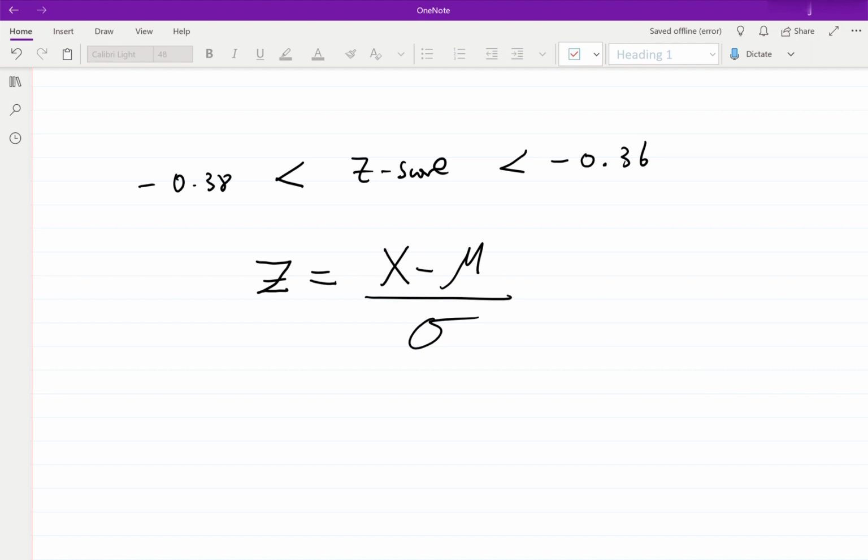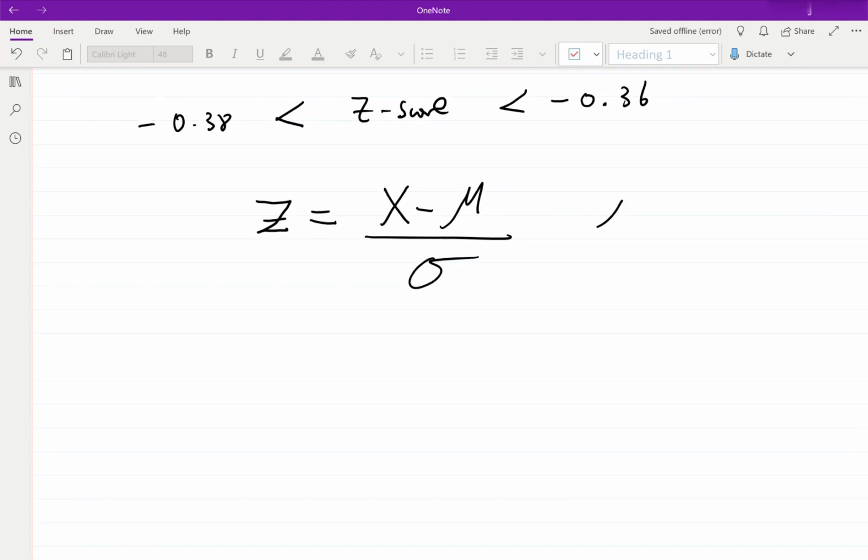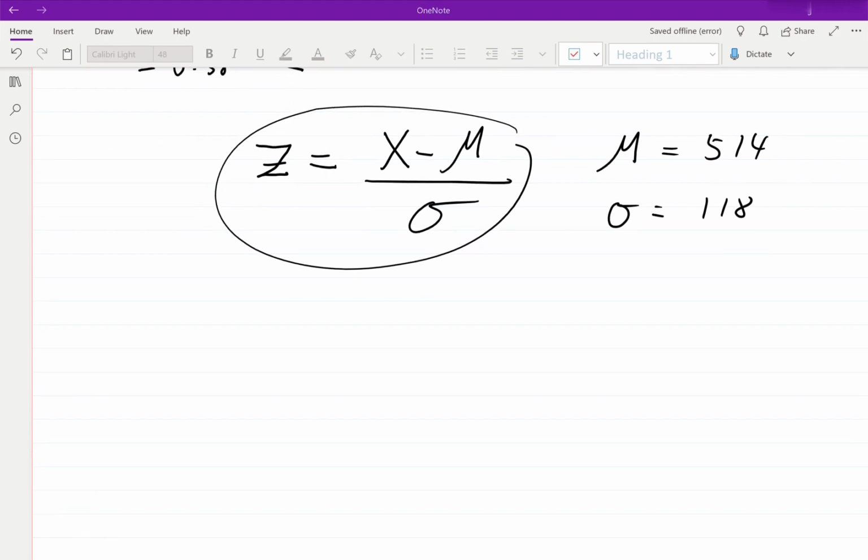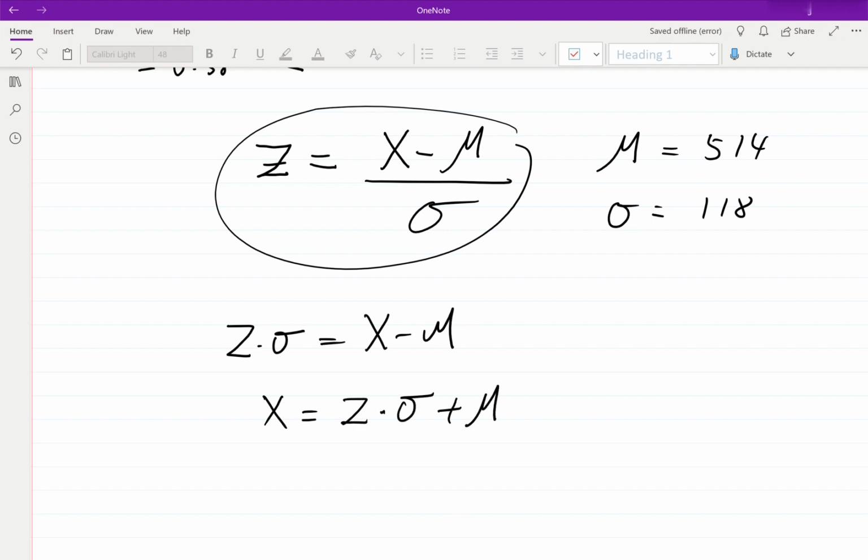In our previous video, we talked about the national mean for the SAT being 514, and the standard deviation is 118. Now let's rewrite this formula: z times sigma equals x minus mu. So x is equal to the Z score times the standard deviation plus the mean. And we're going to use this formula here.